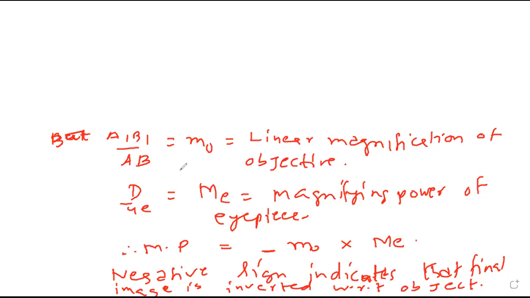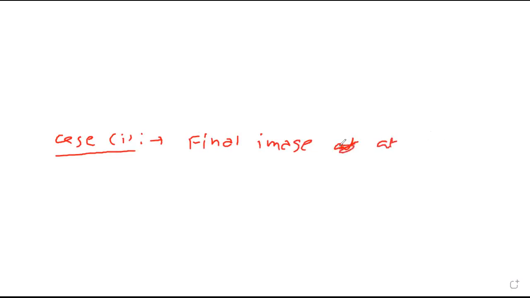Now those two cases, image at the distance of distinct vision and at infinity, we get for the compound microscope. Case 1: final image is at the distance of distinct vision. Therefore, magnifying power is minus M0 into ME.